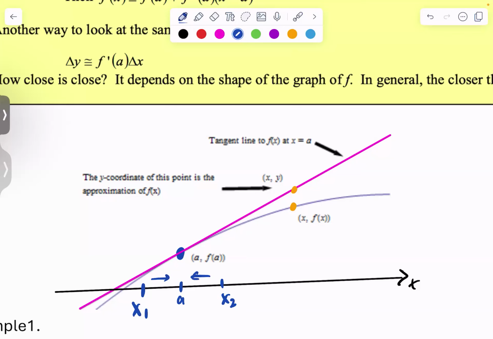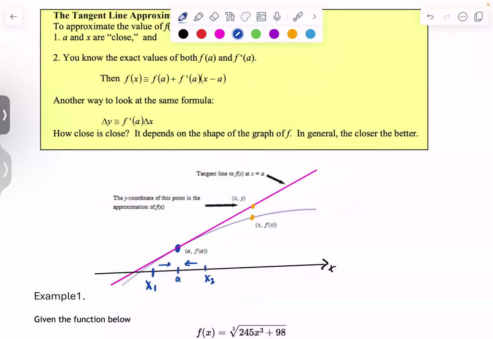The reason is because we would like to estimate all of our answers using a straight line, which is a whole lot easier for us to deal with. The whole idea of this is built on slope-intercept form. And believe it or not, this here is slope-intercept form. If you remember point-slope form, and I add that y to the other side, I get y sub 1 plus m times x minus x sub 1.